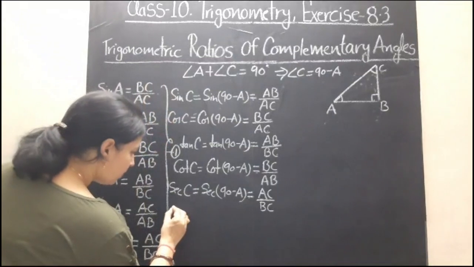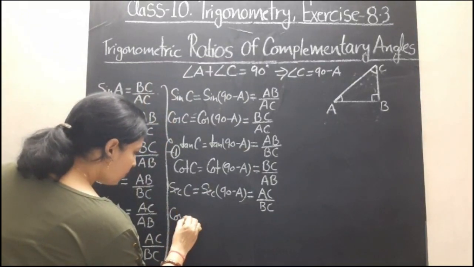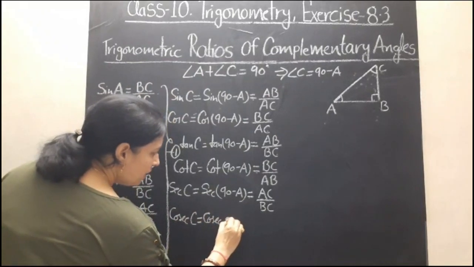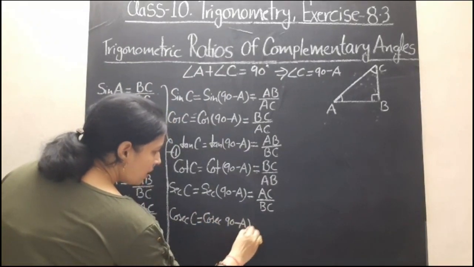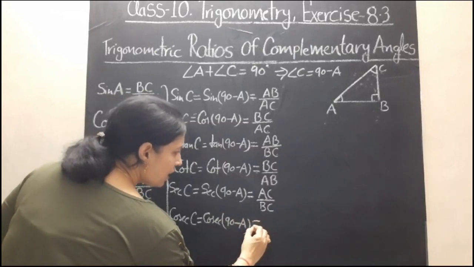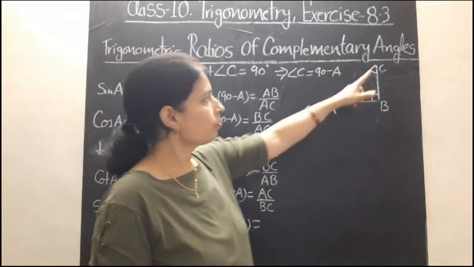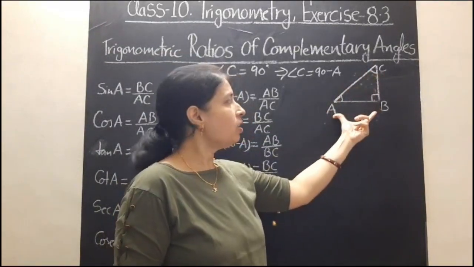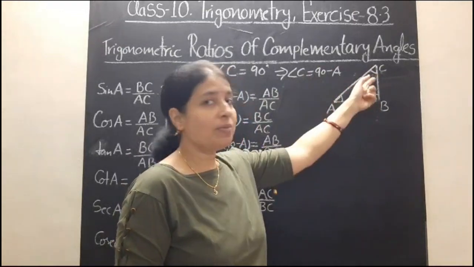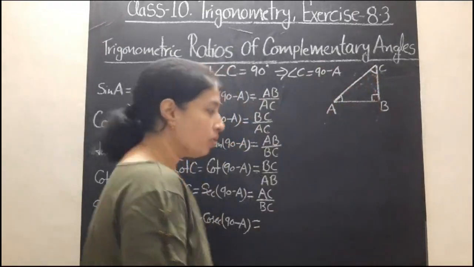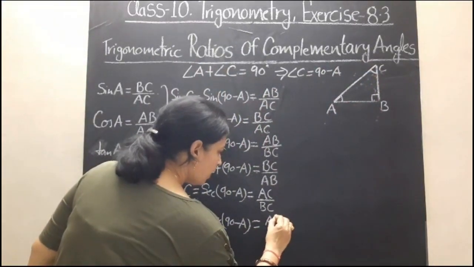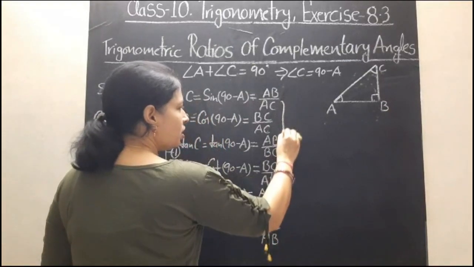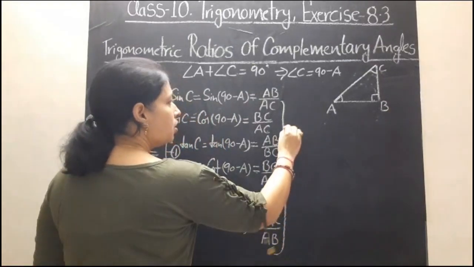After that, cosec C. Cosec C is equal to cosec 90 minus A, and that is equal to AC by the perpendicular distance. For this angle, perpendicular distance will be AB. So cosec C will be AC by AB. So this one is your equation number 2.